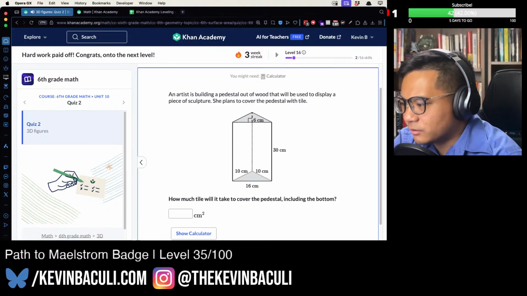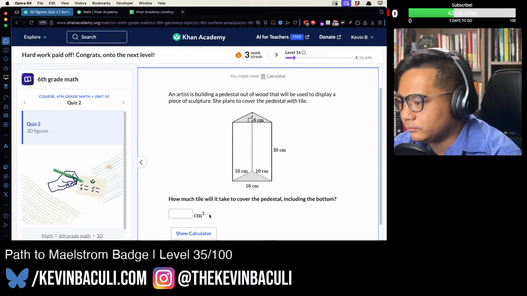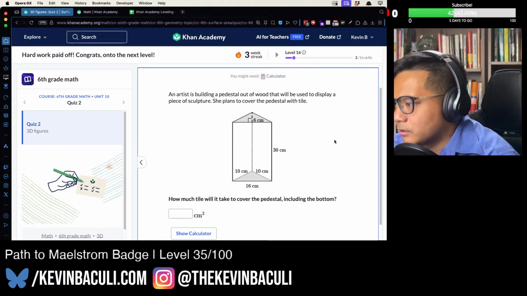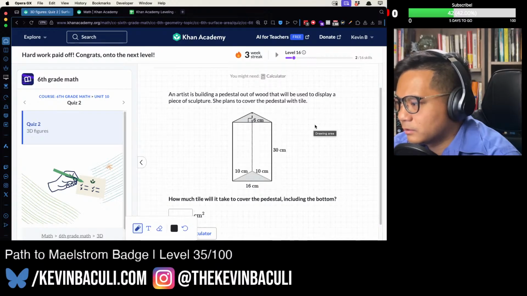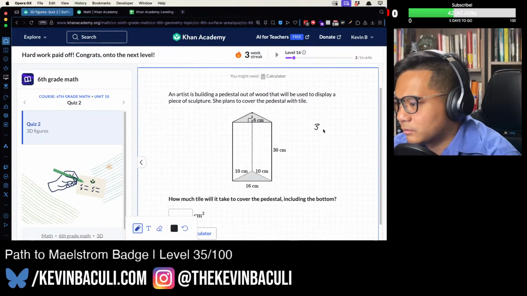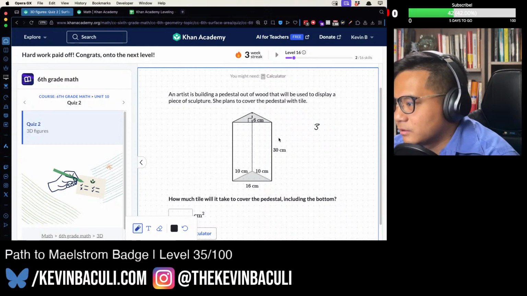How much tile will it take to cover the pedestal, including the bottom? What's the base? 3 times 16, 48. Oh, surface area. So the triangles are 3 times 16, 48.